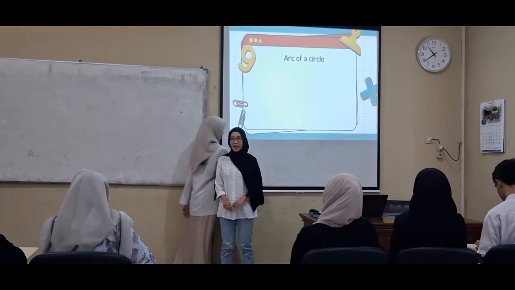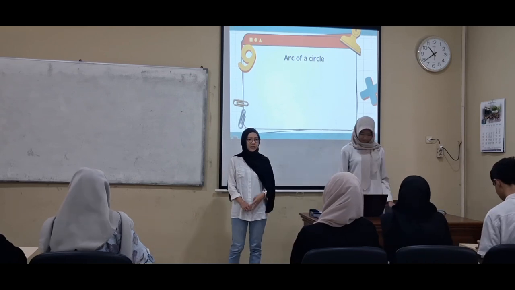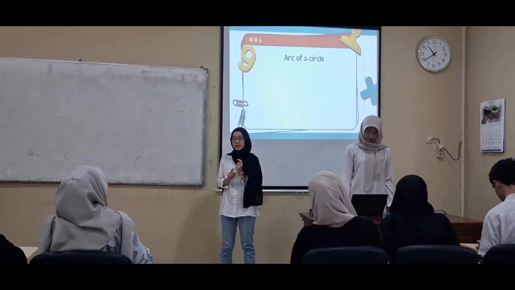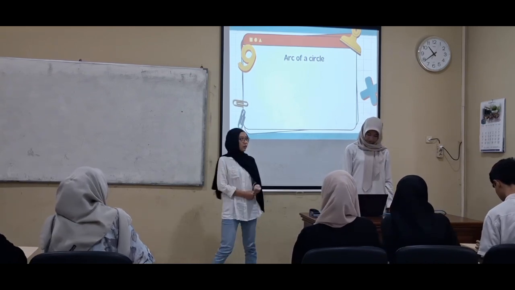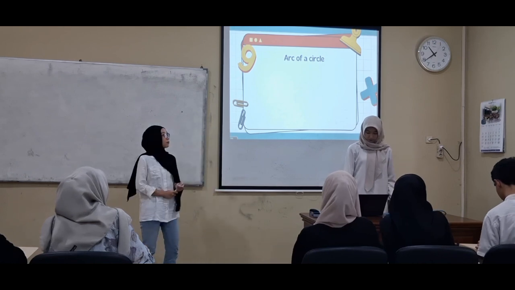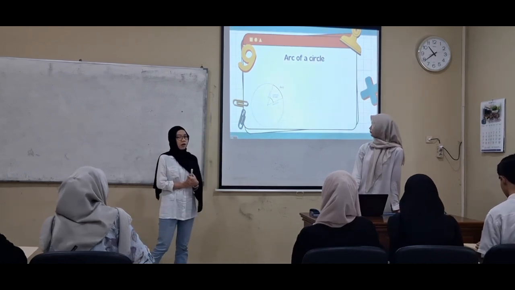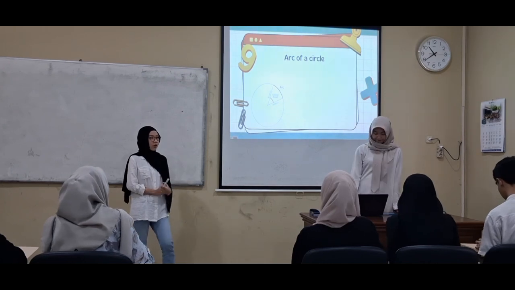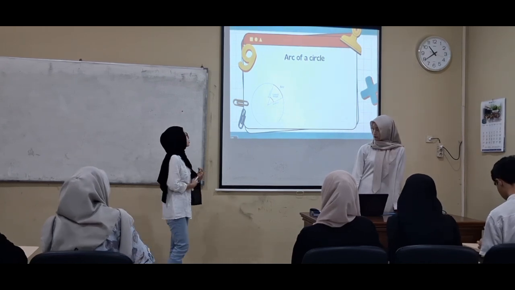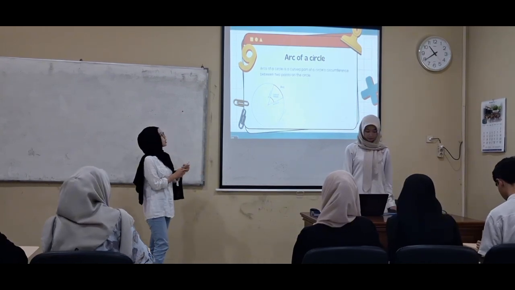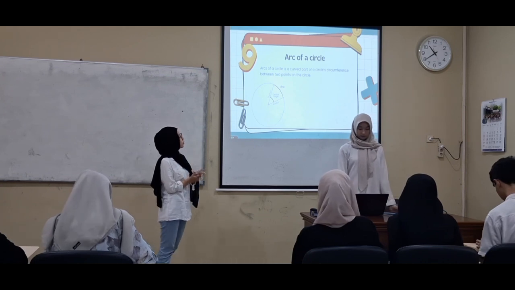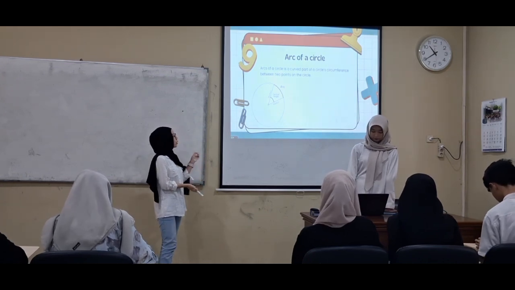Okay, morning everyone. Now, the lesson will be continued by me. Well, today we are going to learn about arc of a circle. Does anyone know about arc of a circle? No. Okay, no problem. So, an arc of a circle is a curved part of a circle's circumference between 2 points on the circle.